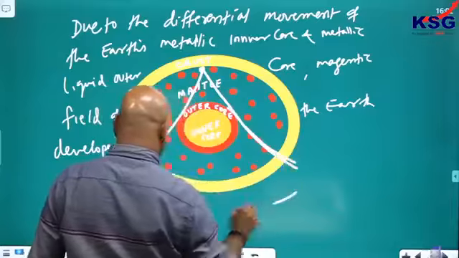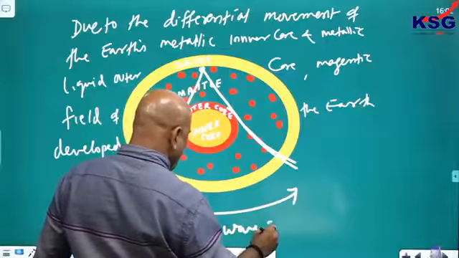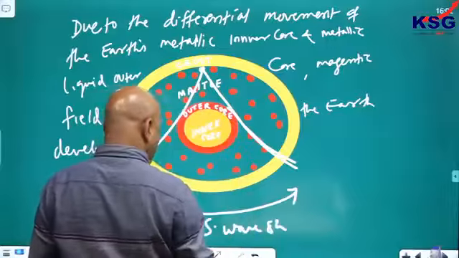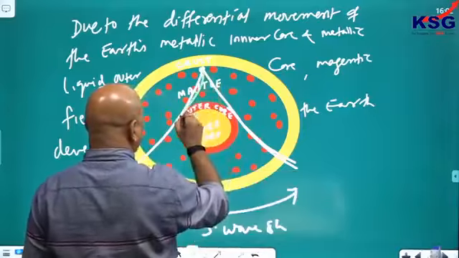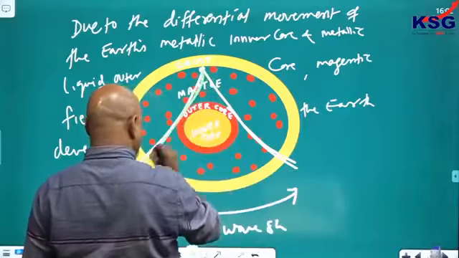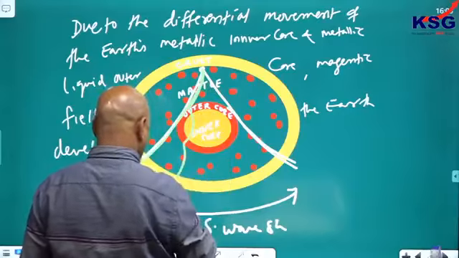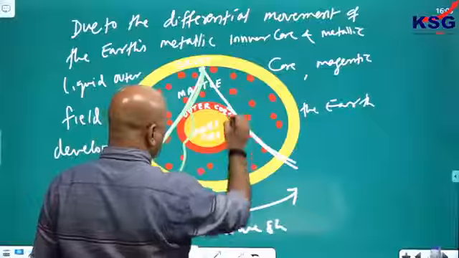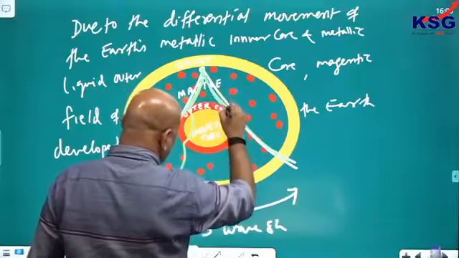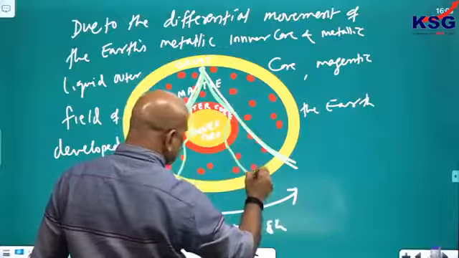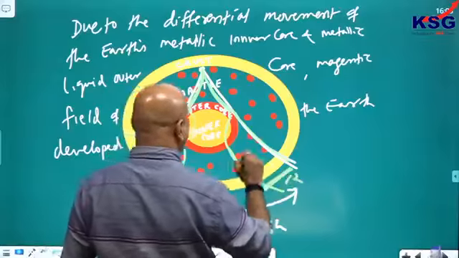This is the S wave shadow zone, you have to prepare the S wave shadow zone. And for the P wave, we can do the same way. P wave shadow zone, here also, this is also the P wave shadow zone.